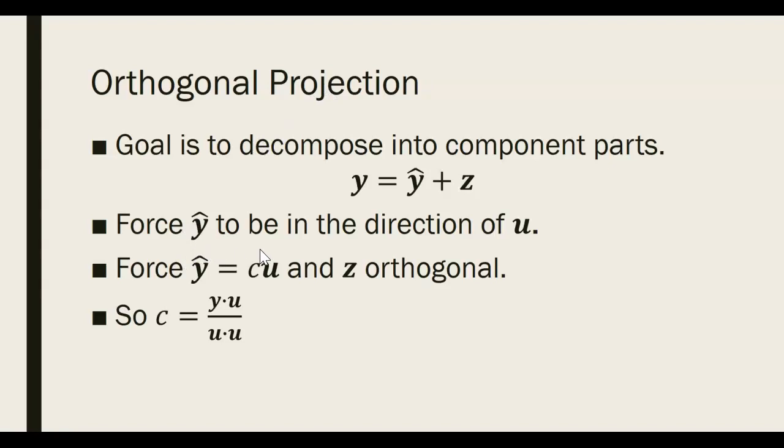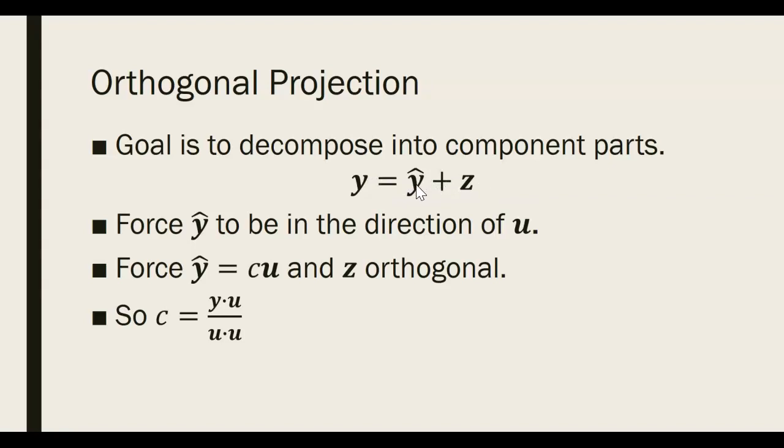Okay, now here's what we're going to do. In order to force this y hat to be in the direction of u, I'm going to force y hat to be some scalar times u, and obviously I want z to be orthogonal. So what's this scalar going to be? If I just dot product both sides by u, the left-hand side is going to be y inner product u.